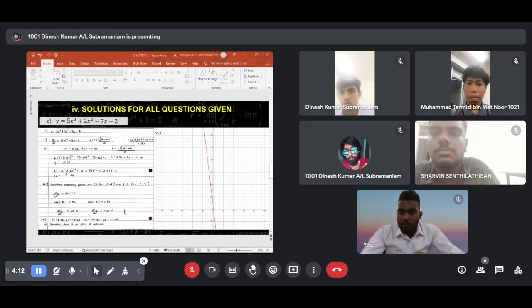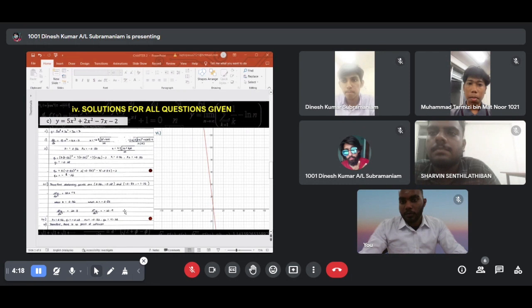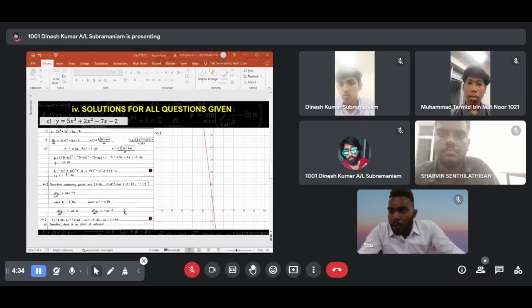Next, we have chosen two questions from the list of questions, and we have found the solutions. Moving on with question C. The equation is y equals 5x cubed plus 2x squared minus 7x minus 2, and dy/dx for this question is 15x squared minus 4x minus 7.